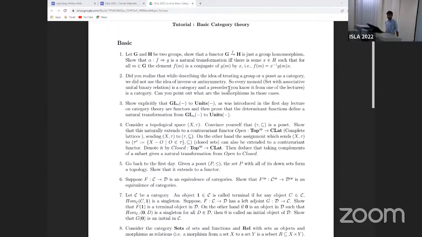In a poset, it is only the identity, because there you have this antisymmetry.